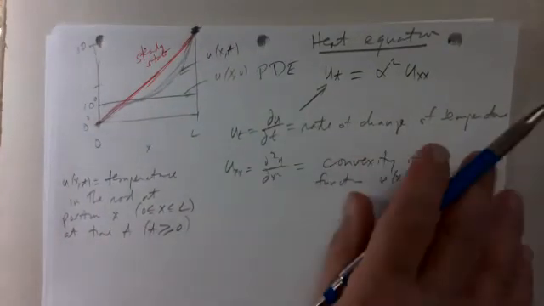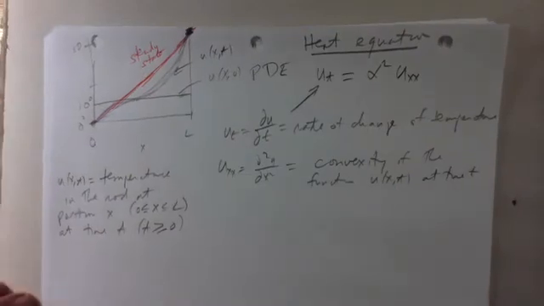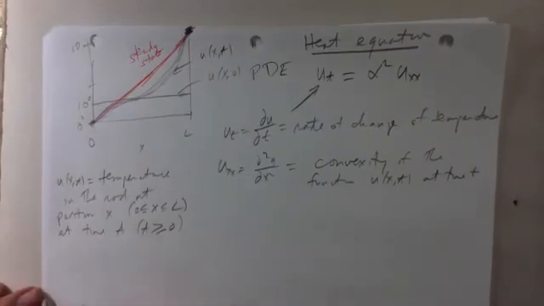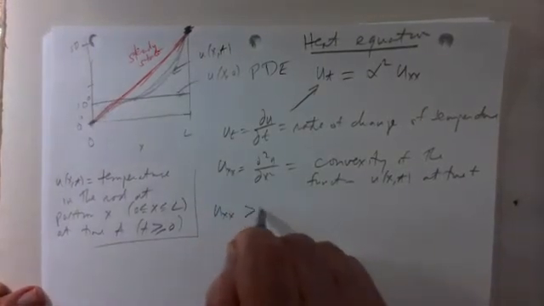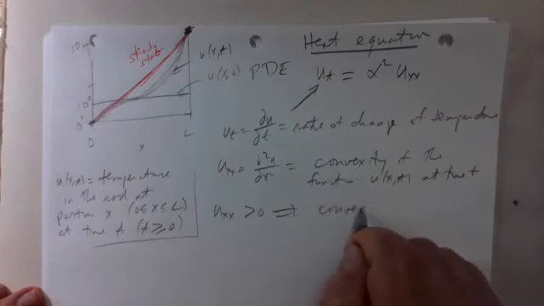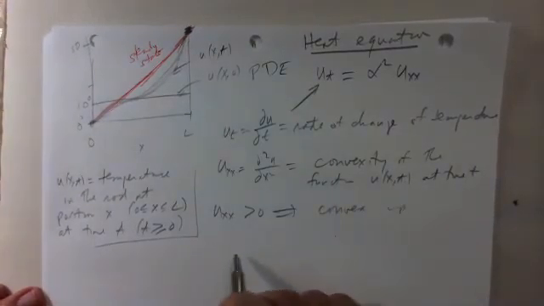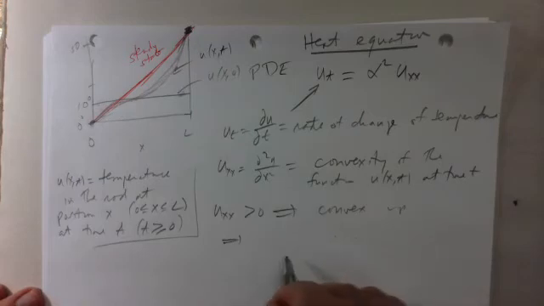And for a fixed t, the second partial derivative measures convexity. So let's recall, u_xx greater than 0 implies convex up. What does convex up mean? Well, it means if you look at, so here I have a value x.